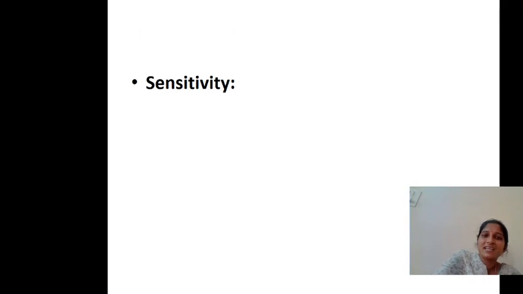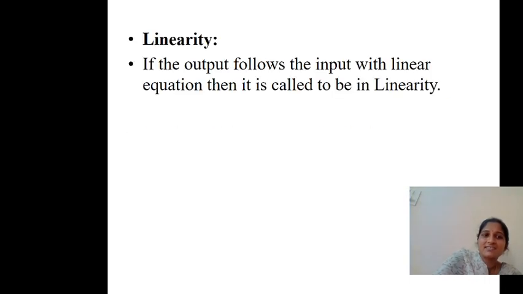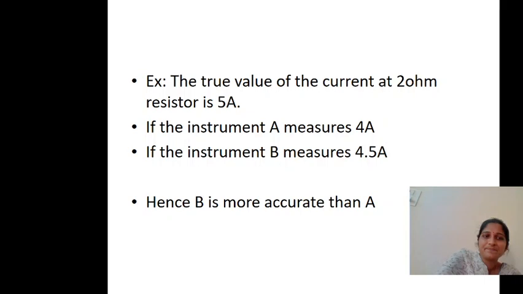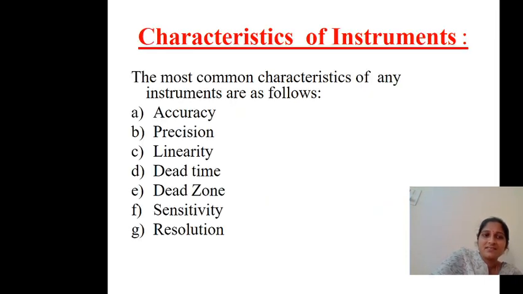So these are the different characteristics. What have we observed till now? Accuracy, precision, linearity, dead time, dead zone, sensitivity, resolution. Accuracy means the closeness of the reading. Precision means the repeated value. Linearity means the output changes linearly with input. Dead time means the time till which the instrument will not respond.